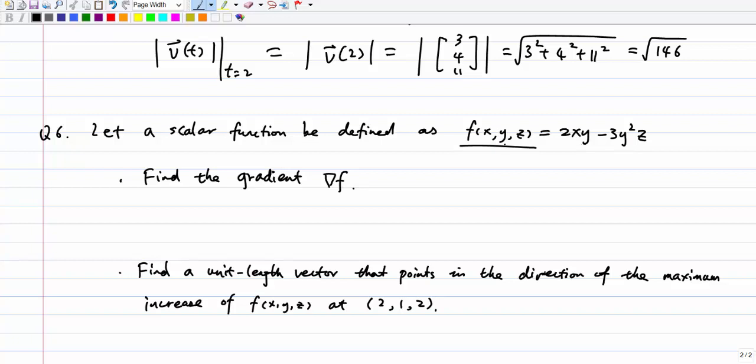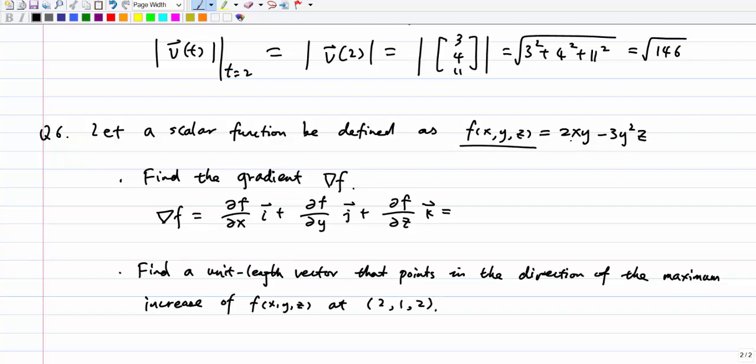The gradient of f is given by partial f over partial x times i plus partial f over partial y times j plus partial f over partial z times k, which is taking a partial derivative of this scalar function with respect to x, y, and z.